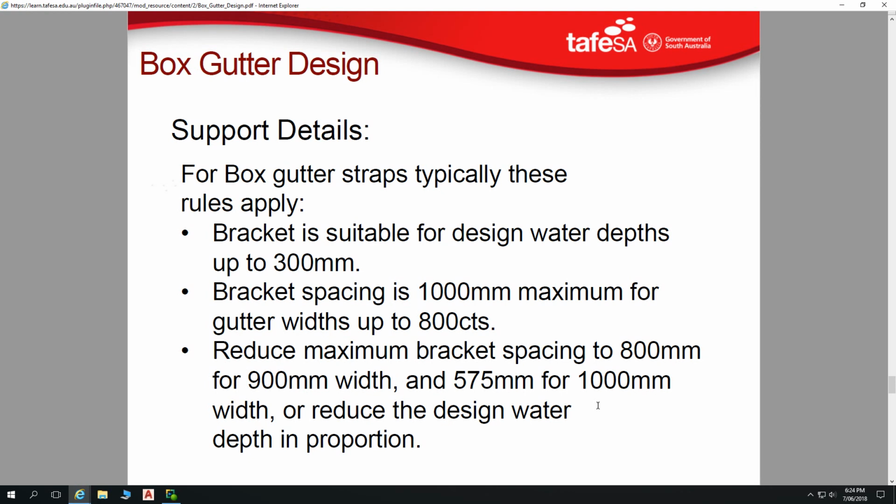Some rules of thumb for box gutter hangers. So bracket suitable for design for water depths up to 300 millimetres. Bracket spacing is 1,000 millimetres maximum for gutter widths up to 800 millimetres, but that depends on your decking underneath, the strength of the decking and your substrate, your support underneath.